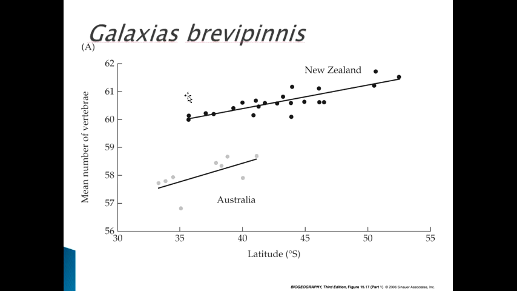So here is the genus Galaxias, species brevipinnis, and notice as latitude increases, there is an increase in the mean number of vertebrae. This is the same species with different numbers of vertebrae depending upon latitude.